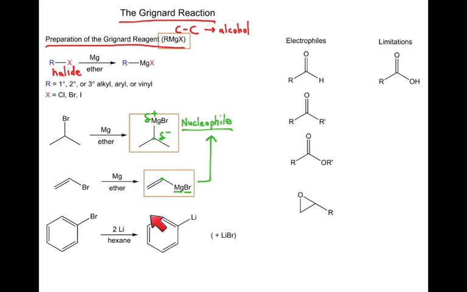This is now called an organolithium compound, or an organolithium reagent, and this will react exactly the same as magnesium, as the Grignard reagent. In this case, to prepare this, any of these compounds would work, the secondary, the vinylic, any of those would really work.